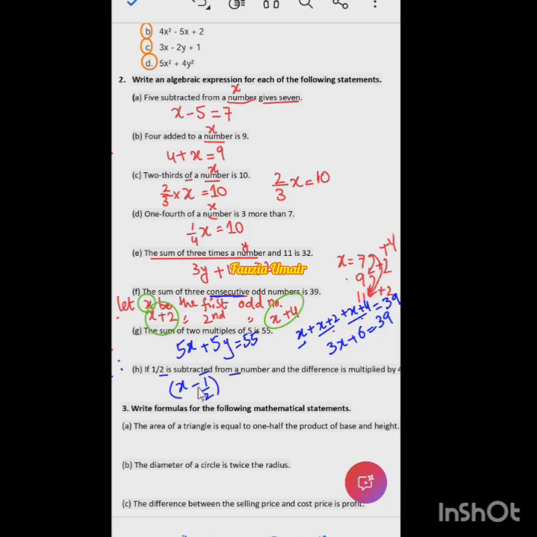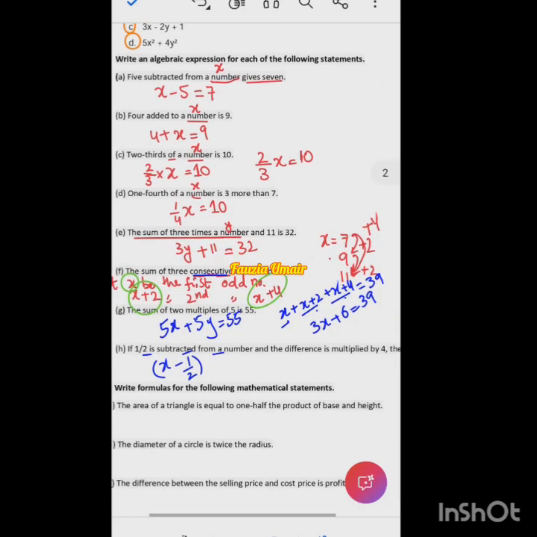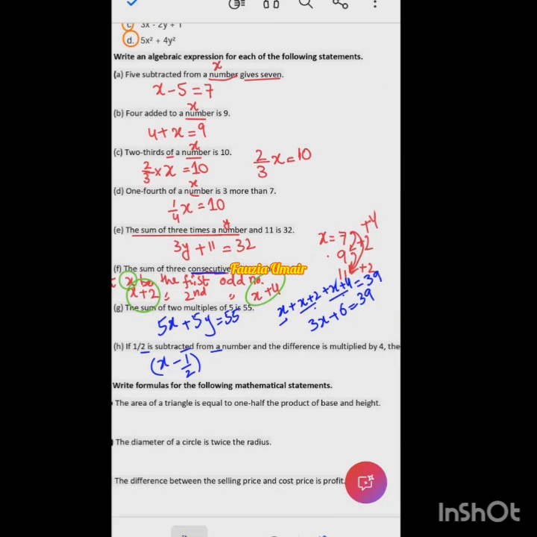So if 1 by 2 is subtracted from a number and the difference is multiplied by 4, so either you can write 4 here or you can write 4 here, because this 4 is multiplied, right?